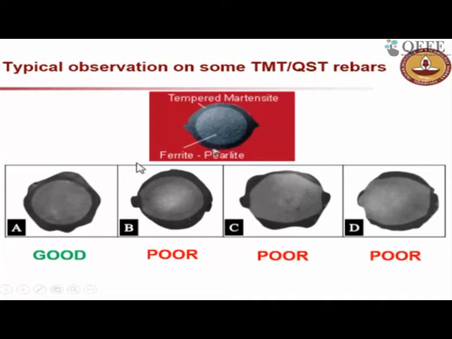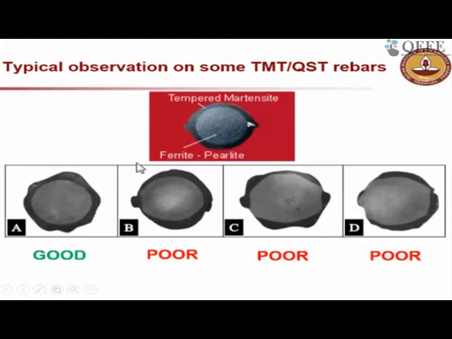This outer surface is getting cooled very fast because of quenching, whereas the inside slowly cools. Because of that difference in the rate of cooling, you get two different phases or microstructures, but the chemical composition is the same.